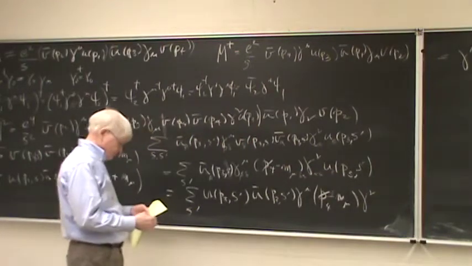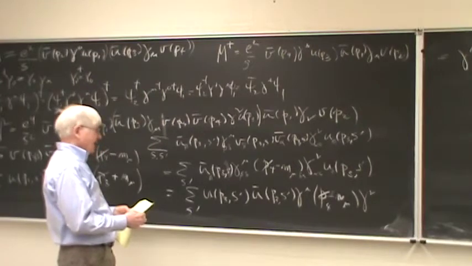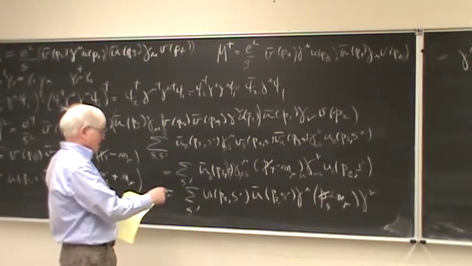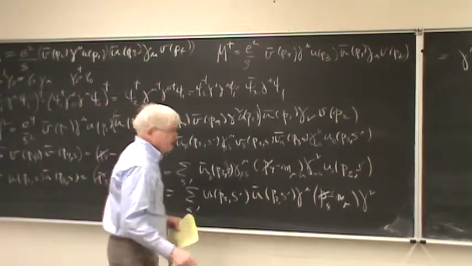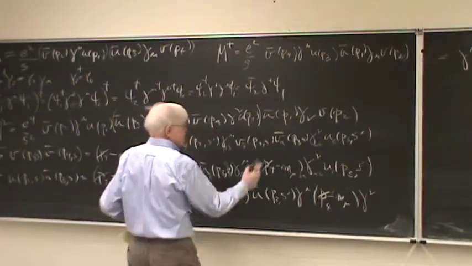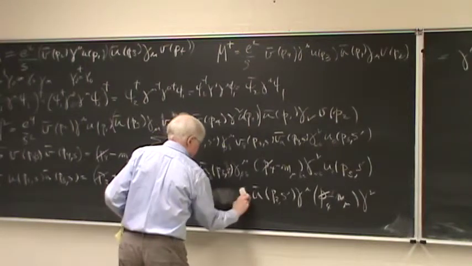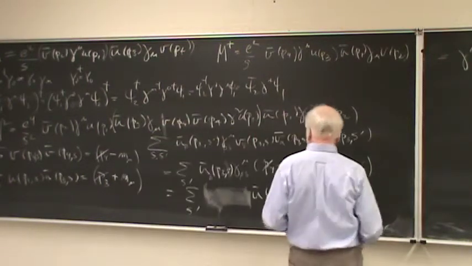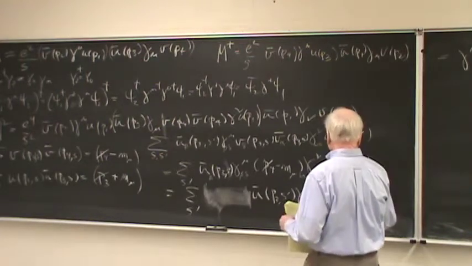Now what I chose to do was pull this one forward, but if I'm going to do things so that I connect with that, let me instead move the U bar forward.